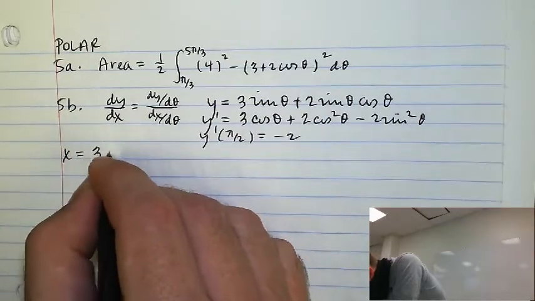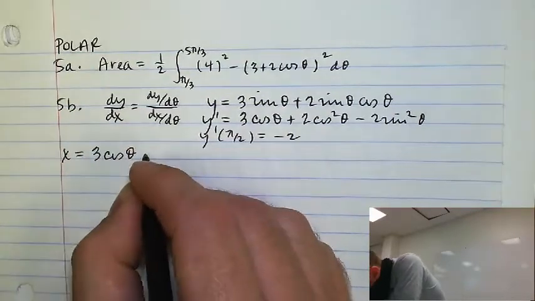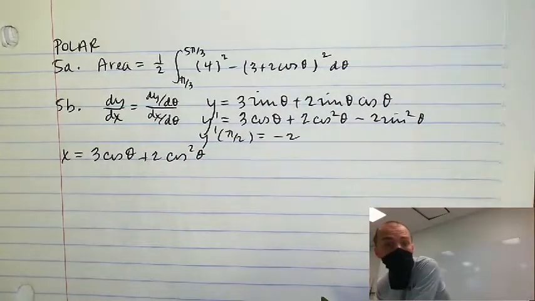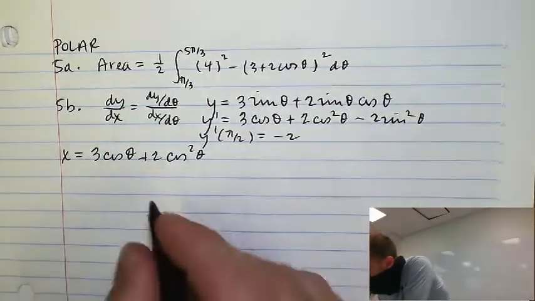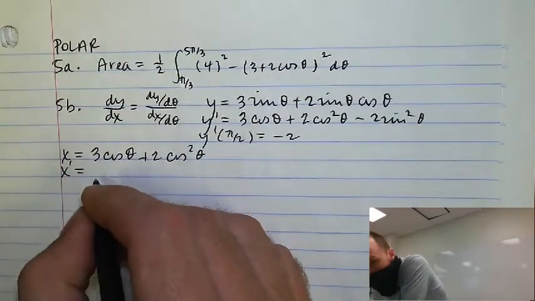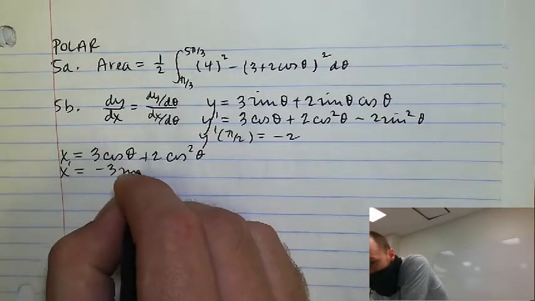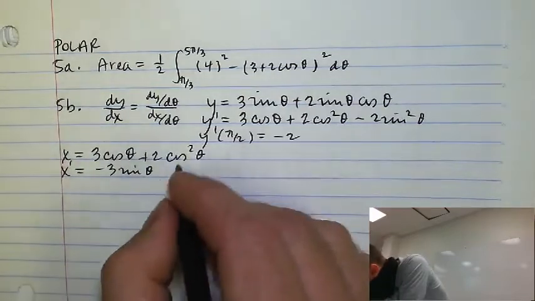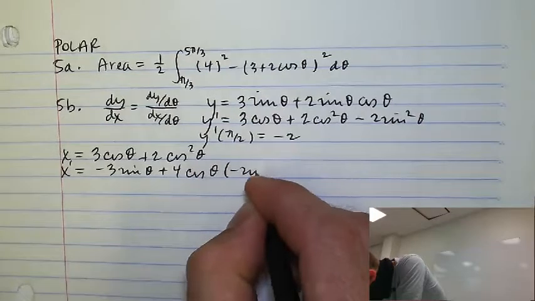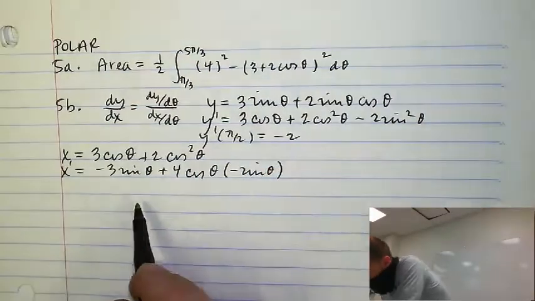x is 3 cosine theta plus 2 cosine theta, which I could write as cosine squared theta. And then I can take the derivative of x. x prime is going to be negative 3 sine theta plus 4, power rule first, 4 cosine theta times negative sine theta.